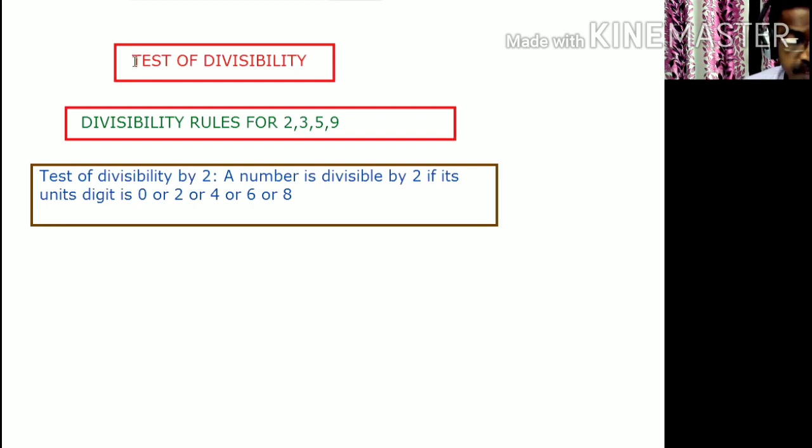Today, in this lesson, we shall learn test of divisibility. Divisibility rules for 2, 3, 5, 9. What is test of divisibility? A divisibility test is a test for checking whether one number is divisible by another number.